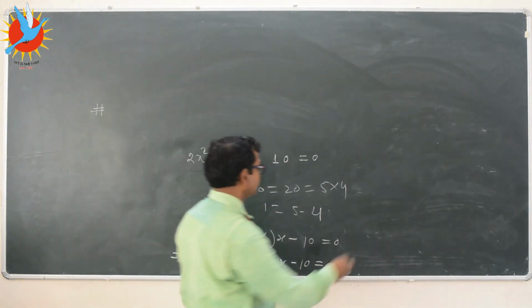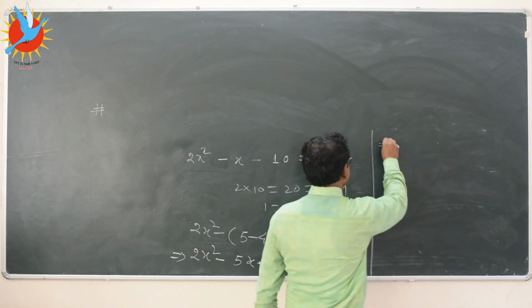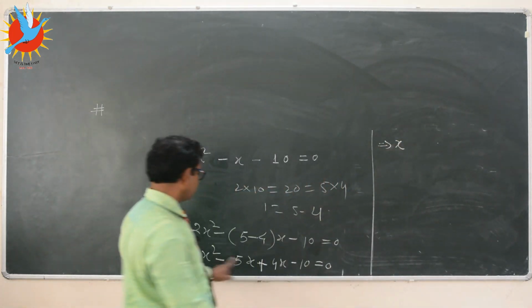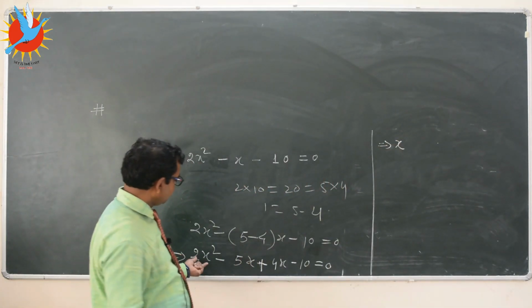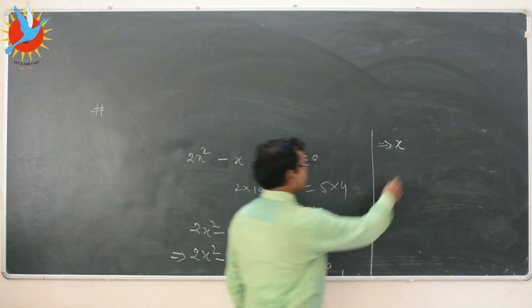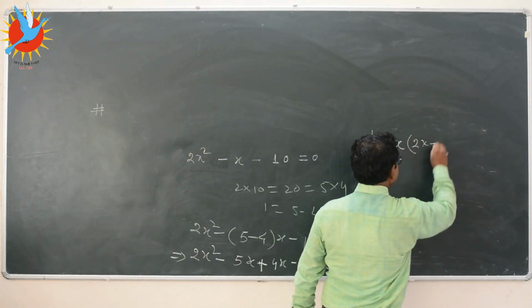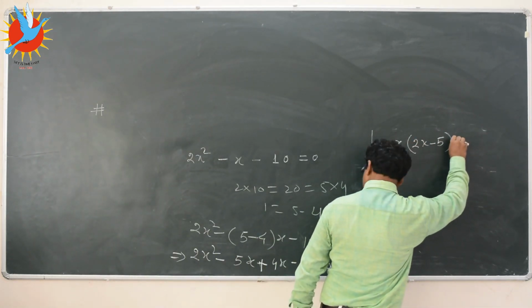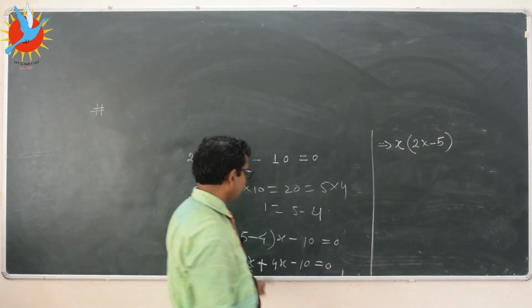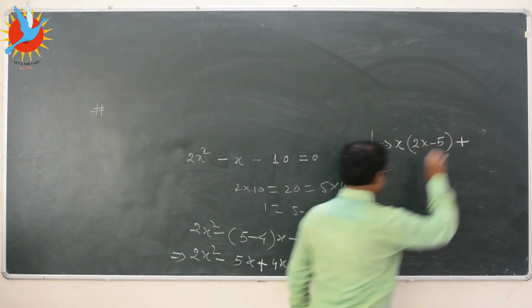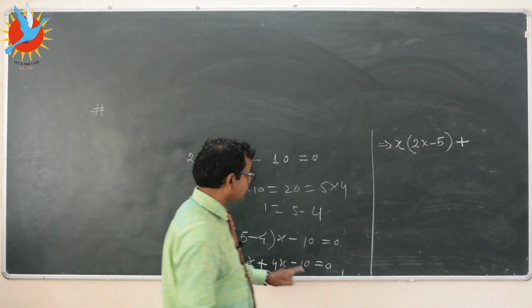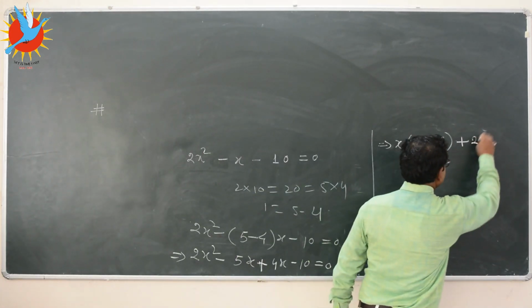Take common in the first two terms. In these two terms x is common. Here we are left with 2x and minus 5. So this will become x into 2x minus 5, and plus, in these two terms we have common 2.